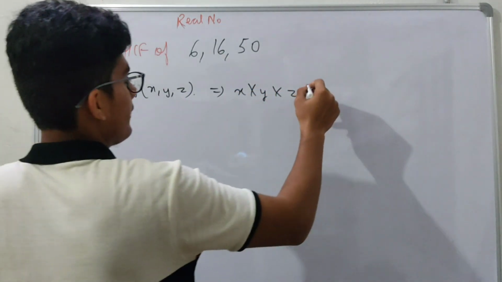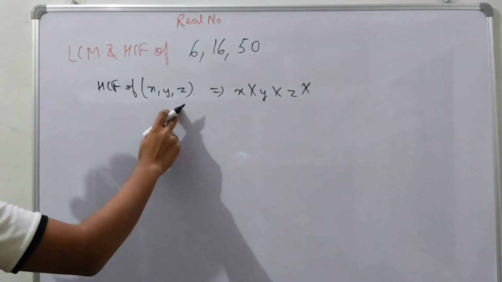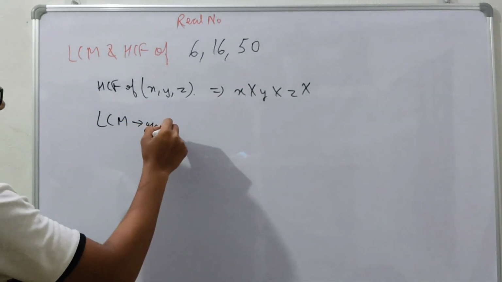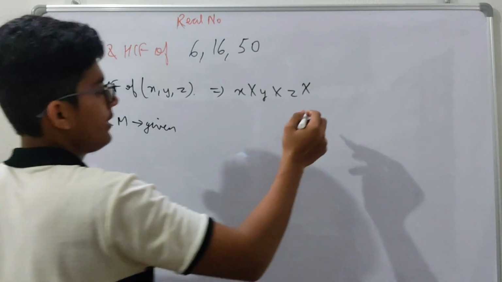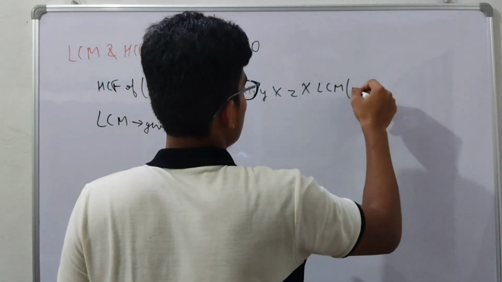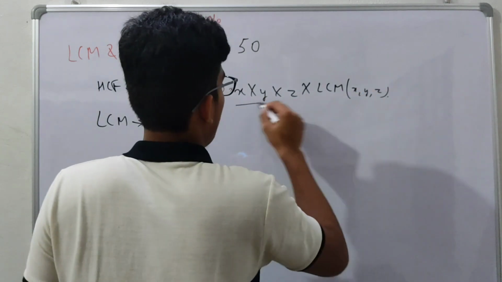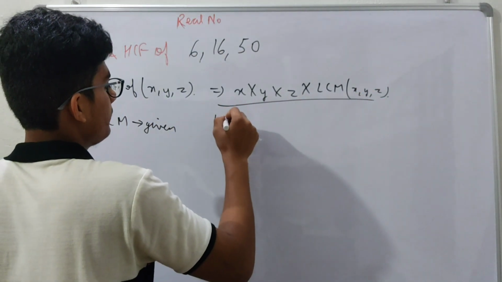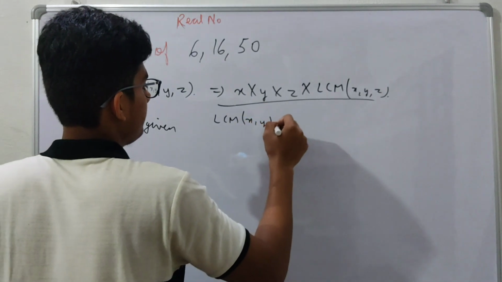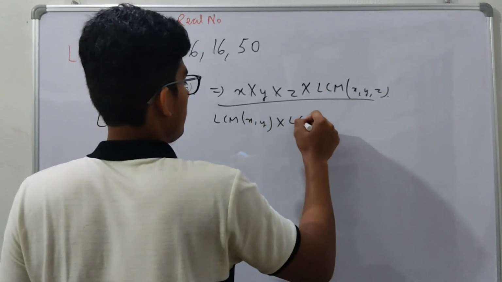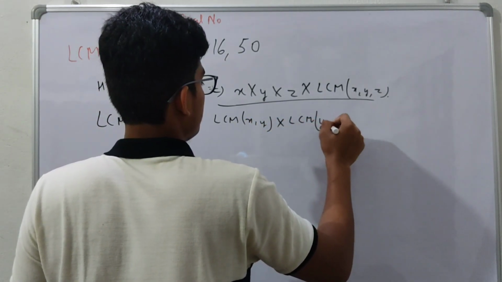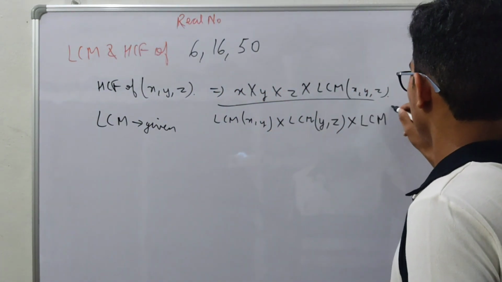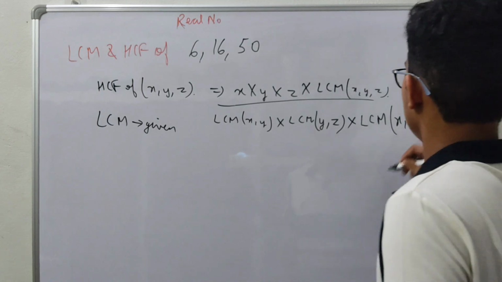LCM will be given. So x into y into z into LCM of x, y, z, divided by LCM of x, y into LCM of y, z into LCM of x, z.